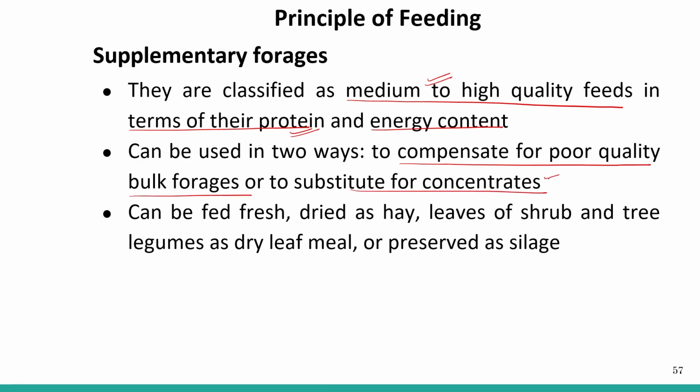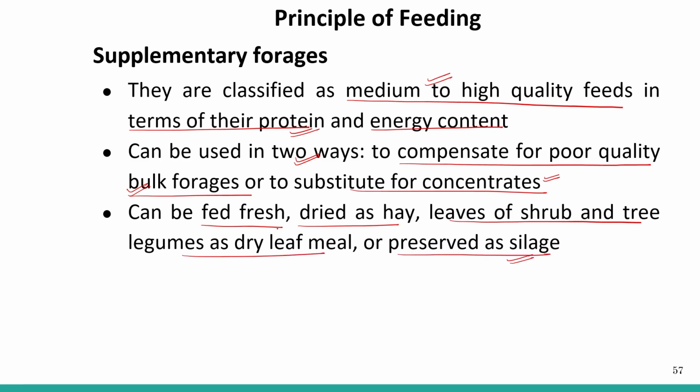So if we have less concentrate or no concentrate, then this supplementary forage can be used. Or if we have poor quality bulk forage, then also this supplementary forage can be used. So we have two ways of using this supplementary forage. They can be fed fresh, dried as hay, leaves of shrubs and trees and legumes as dry leaf meal, or preserved as silage.